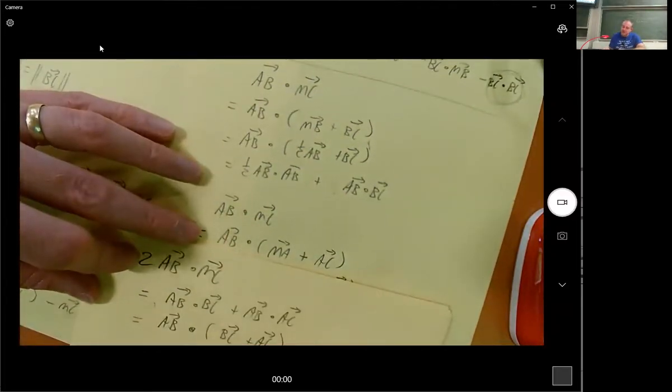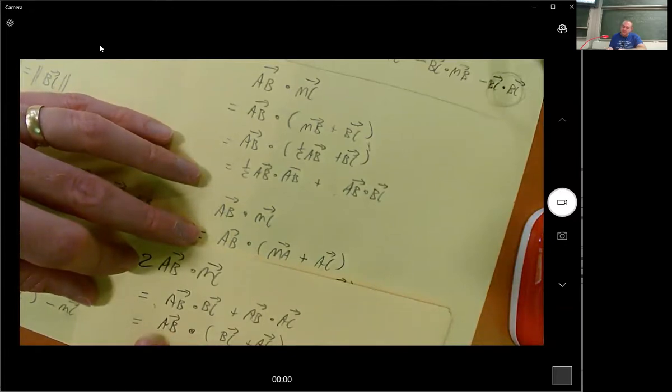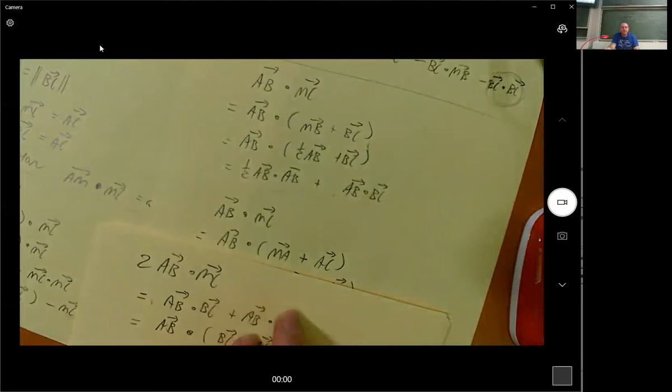Which means that this vector, whatever it is, is perpendicular to that one as well, which really doesn't help very much.